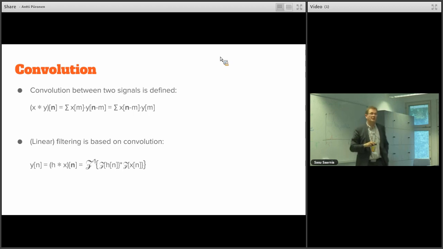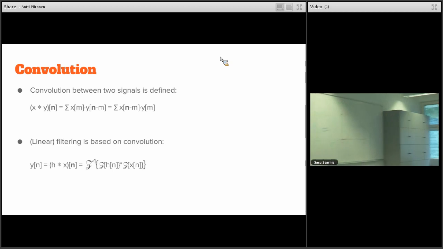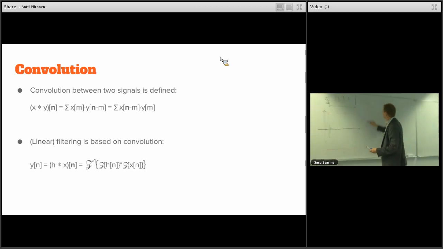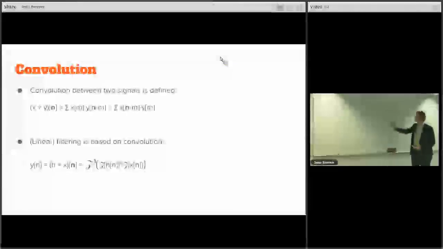Well, it appears that if you have a multiplication of frequencies, why would you like to have a multiplication of frequencies? Maybe this is the reason: a basic filter property.